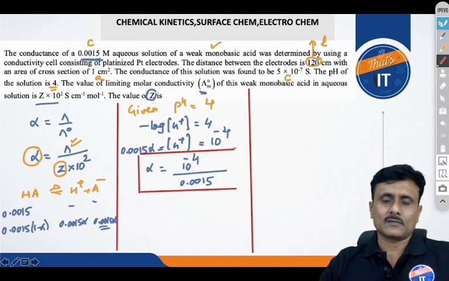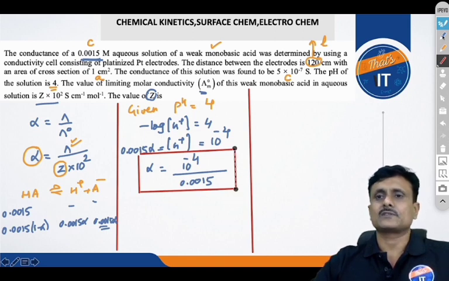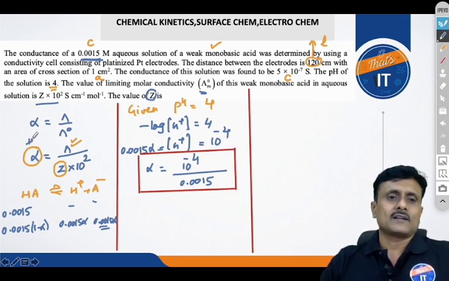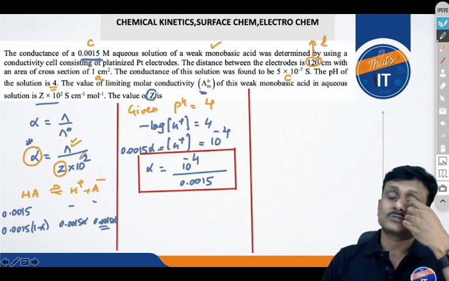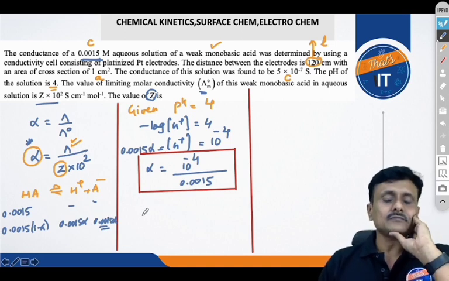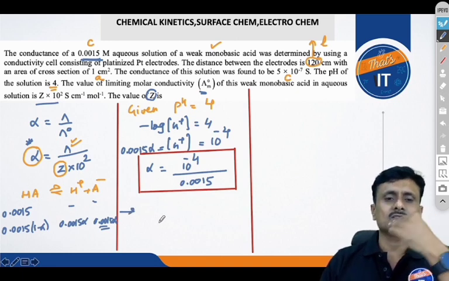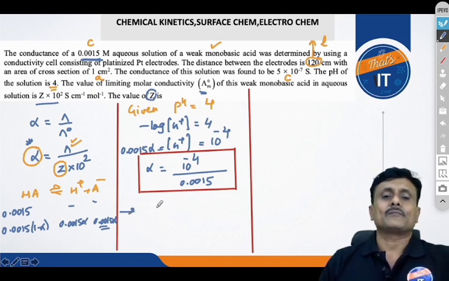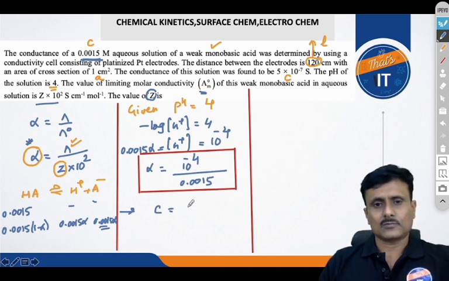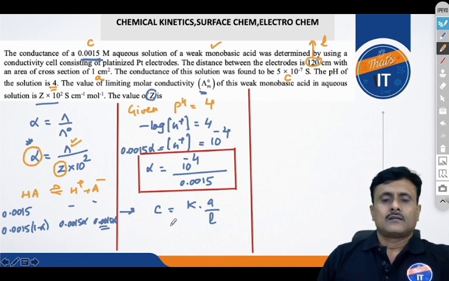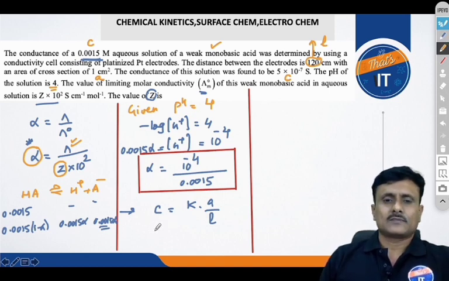You got the alpha, because I told you to cater that equation, you need to get alpha and the lambda. So to find the value of lambda, we all know the expression, right? You can see that the conductance of the solution is given, as we all know, that C is equal to K into A by L. Alright, so conductance is given to us, isn't it?